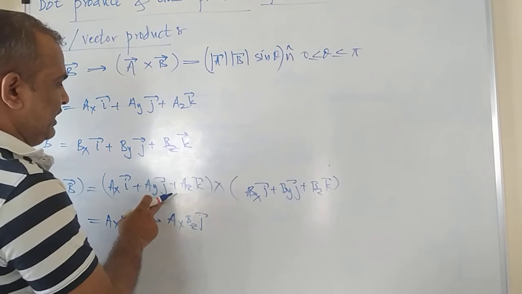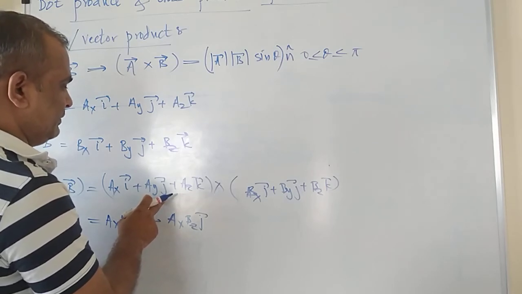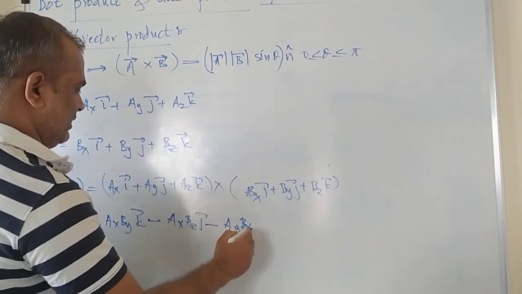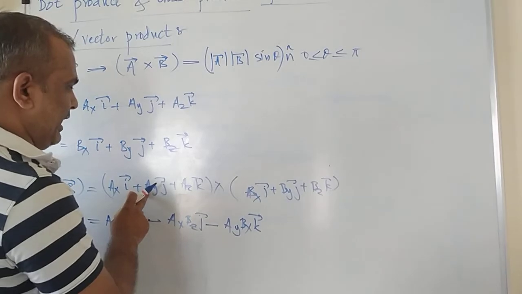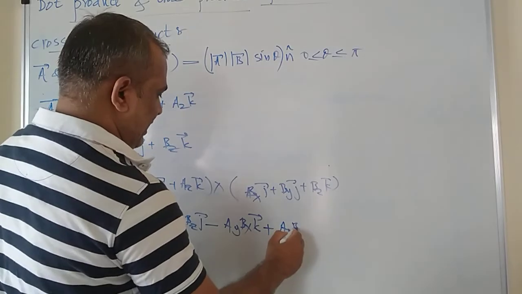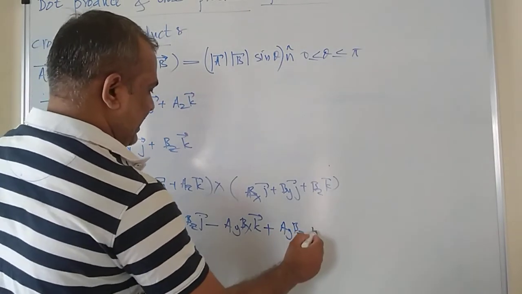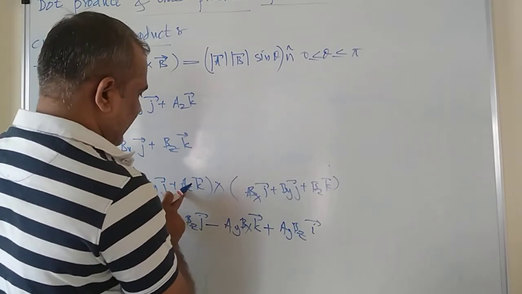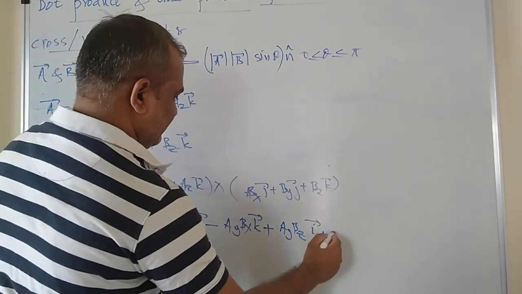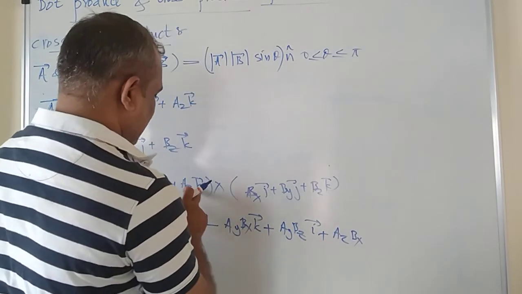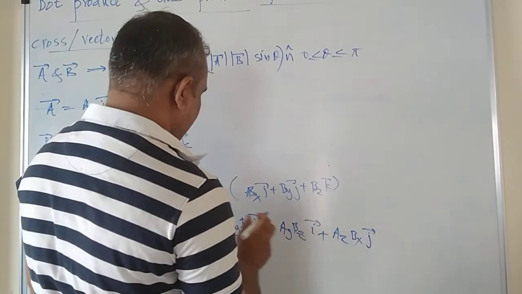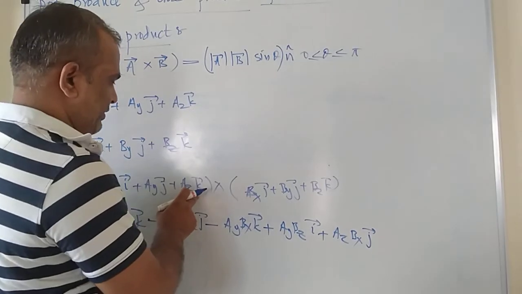So j cross i is minus, so minus ay bx k bar. If you multiply ay by by, that will give you 0, and ay bz into j cross k, you will get i. So now next product, az bx, and k cross i is j, positive j, because it is in a cyclic order, jk. Fine.